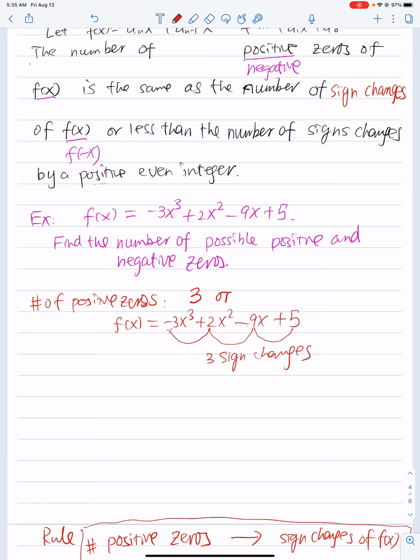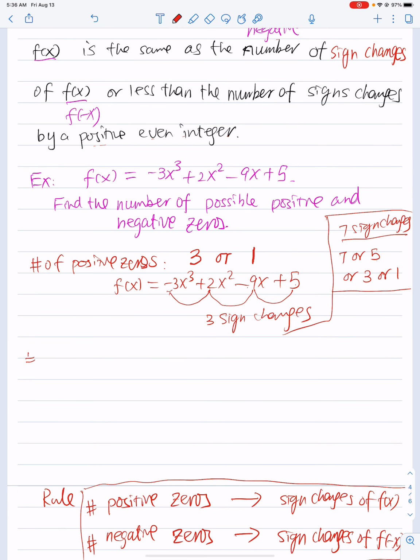So 3 minus 2 is 1. Could we subtract another 2? Not anymore, because it's not enough. If you have 7 sign changes, the possibilities are 7, or minus 2 is 5, or you can continue to minus 2, 3, or 1. Okay, so this is the rule here. So it's 3 or 1.